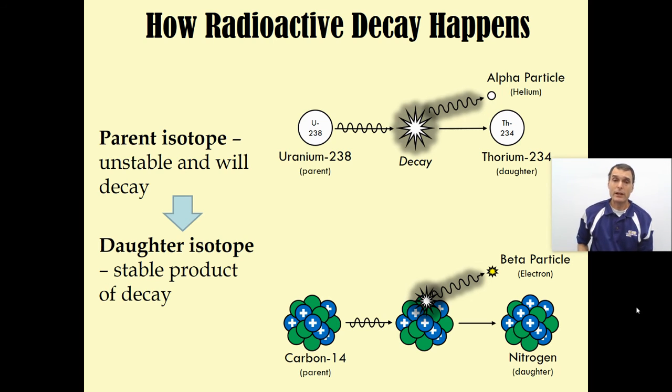And what we do then is we compare the ratio of the unstable atom, the amount of them, to the amount of stable daughter isotopes. And we know the rate at which they decay. And so if we measure this amount and that amount, then we can figure out how long it's been around. To give you an example of that, it would be like if you really, really liked Starburst, okay?